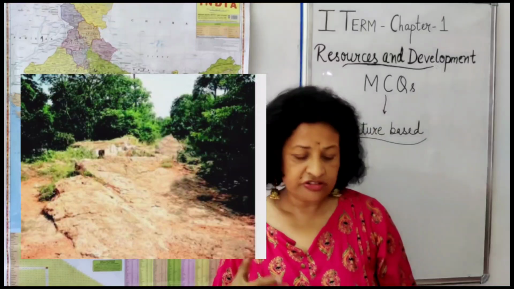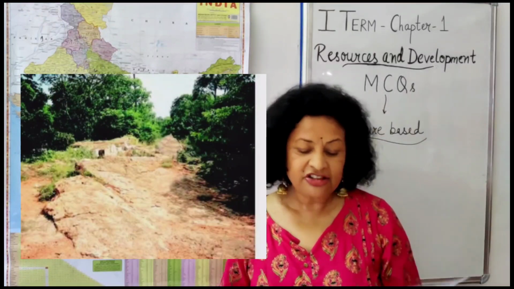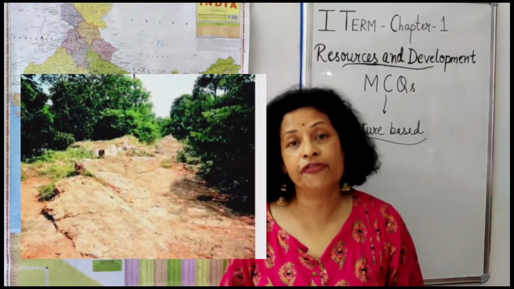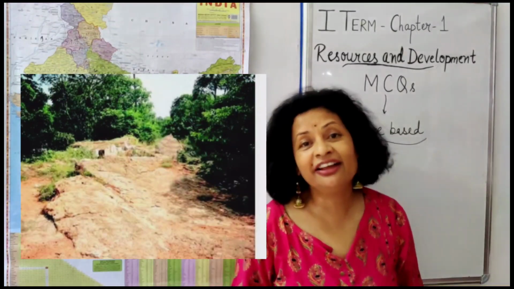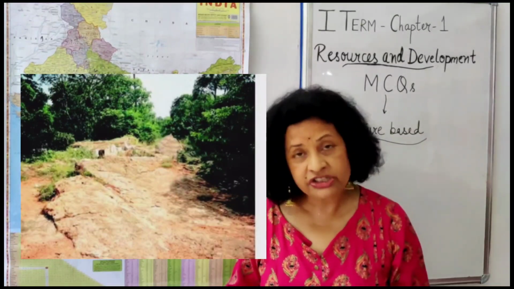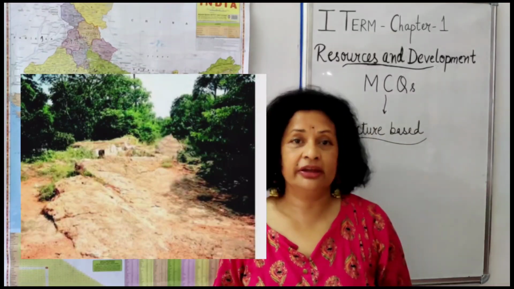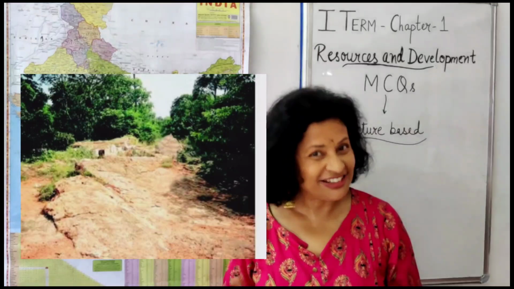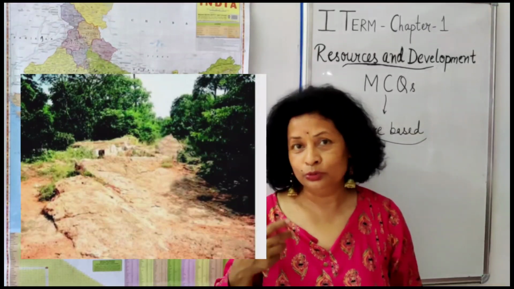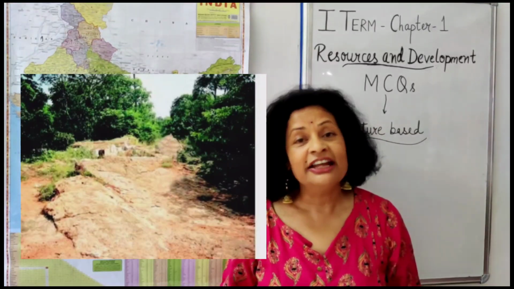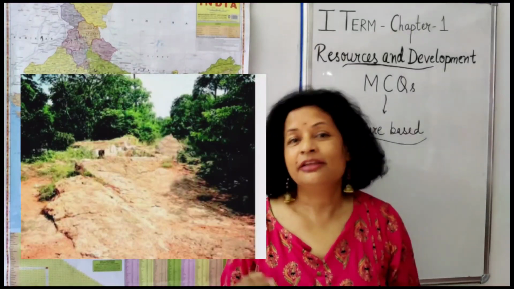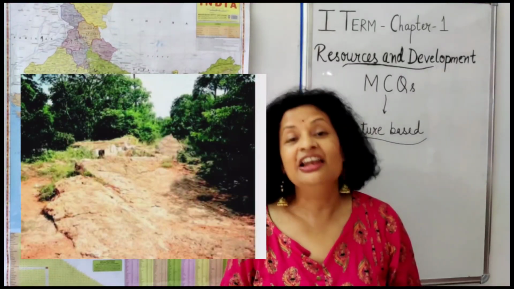Based on the same figure, this soil is formed due to the process of weathering, erosion, or leaching? If you have recognized the soil as laterite soil, you must have answered that laterite soil is formed by the process of leaching.